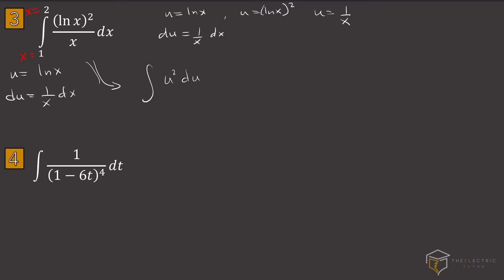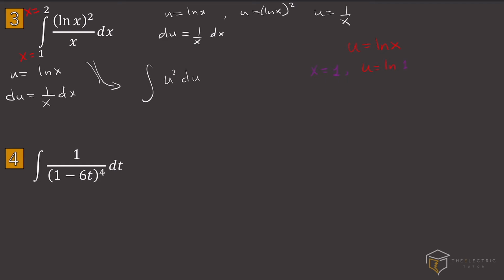How do I do that? Very easy. So I have that u equals natural log of x. That's what I said u was going to be. So for x equals 1, which is my first limit of integration, I'm going to have that u equals the natural log of 1, right?